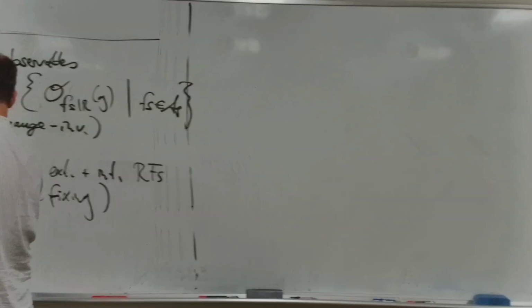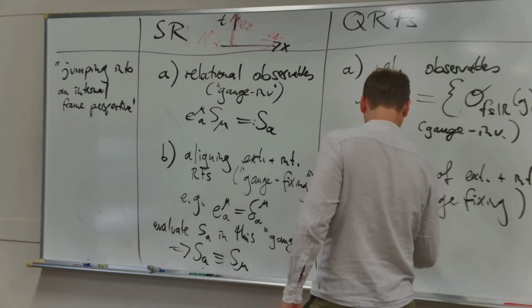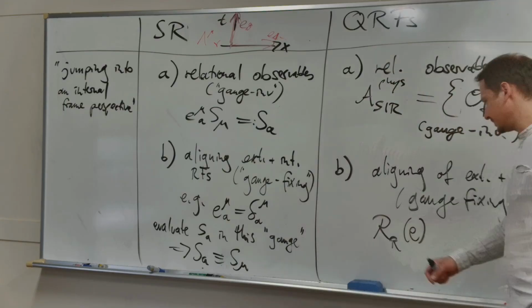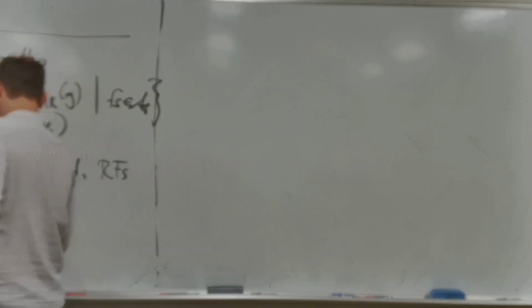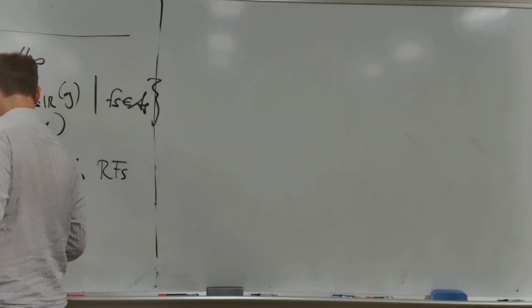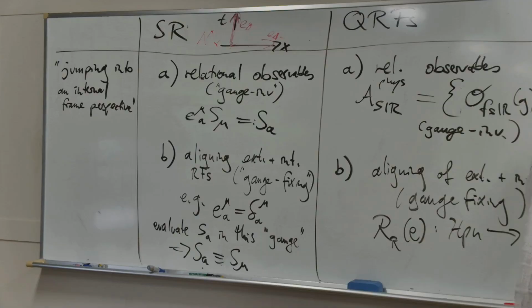I'm going to call it R of E, with a subscript R, so these are different R's. We're going to take that as a map from the perspective neutral Hilbert space into a Hilbert space that we can call S relative to R. What that space is will become clear tomorrow, not today.